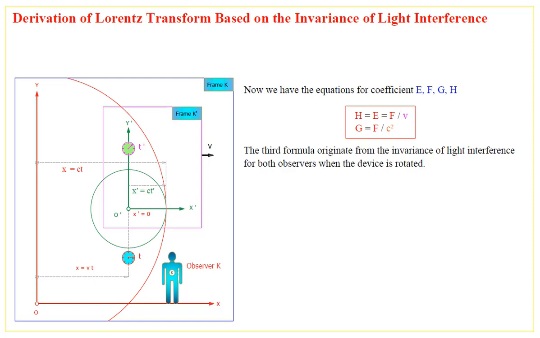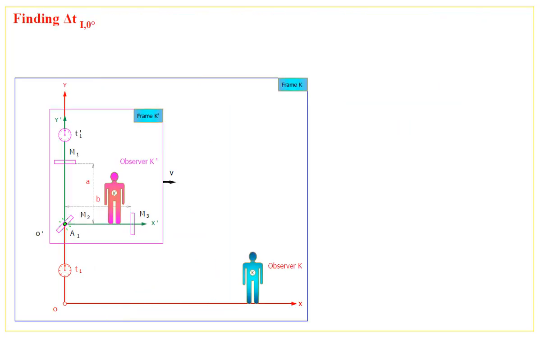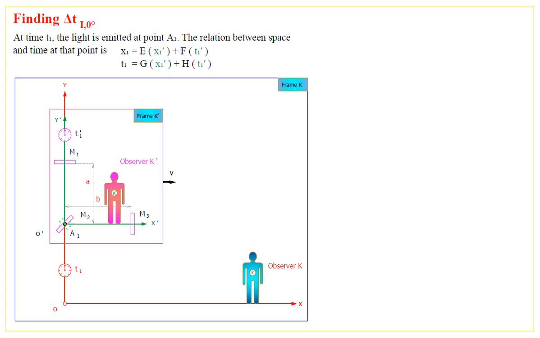The third formula originates from the invariance of light interference for both observers when the device is rotated. Finding delta T1 at 0 degrees. At time t1, the light is emitted at point A1.